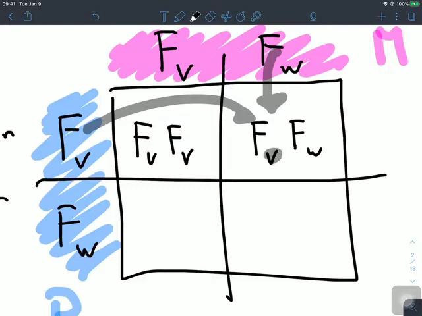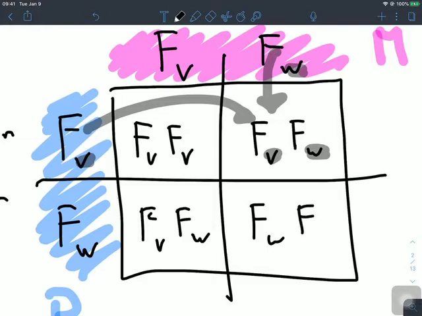So you've got the V from here, the W from here. Same thing here, you're going to have the V. I'll write it out then, indicate it. FV, FW, does not matter the order that I write them in. FW, FW.